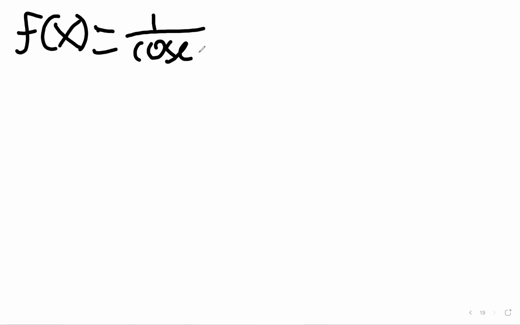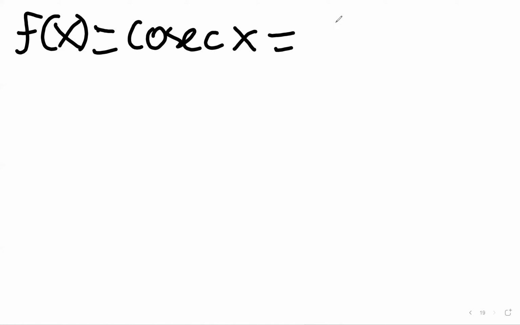The next one, let us consider the derivative of the cosecant function. If f of x equals cosecant of x, in other words, we can write cosecant of x as 1 over sine of x.